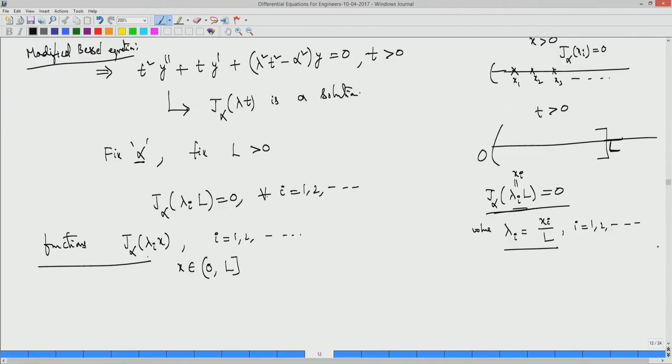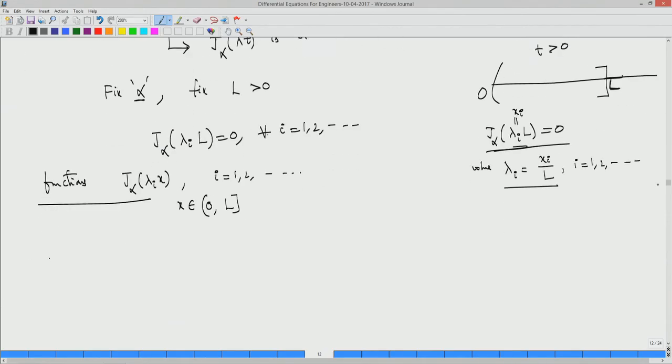These Bessel functions, when you fix alpha, in this domain these functions are orthogonal with respect to the weight function x.